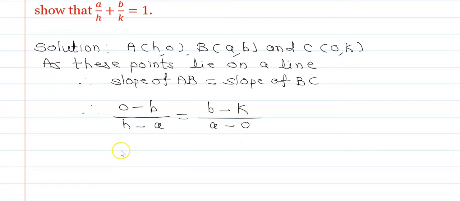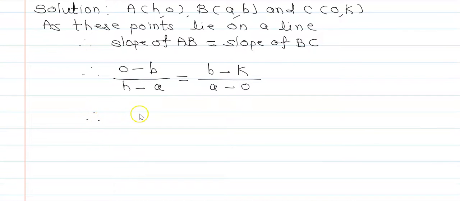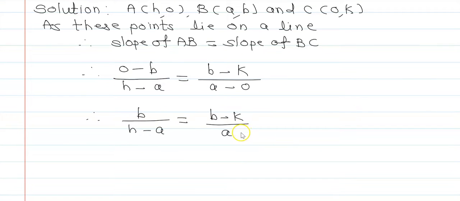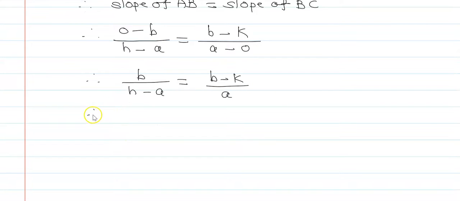Therefore, here we have b upon (a minus h) is equal to (b minus k) upon a. Now we evaluate this.